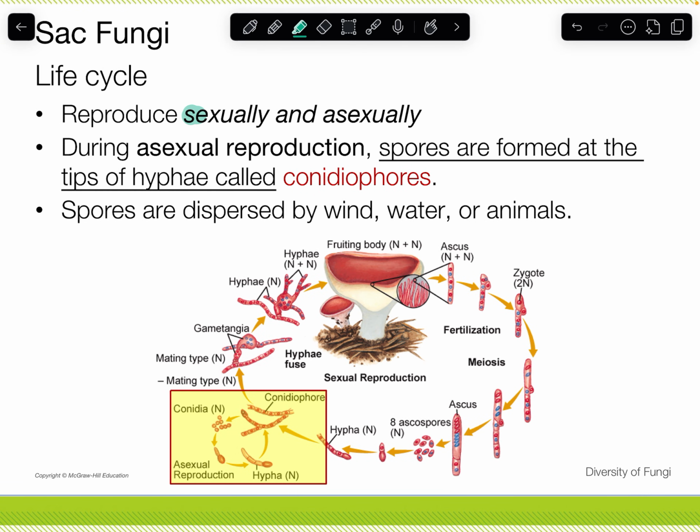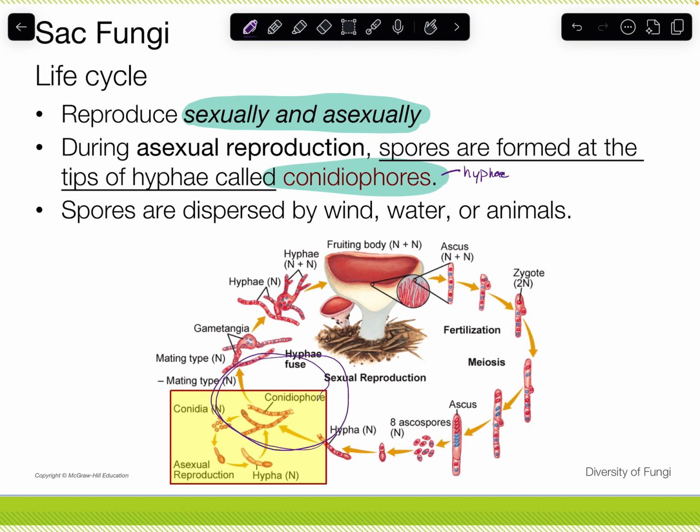During asexual reproduction, we're going to have spores that are formed at the tips of hyphae, and those hyphae are called conidiophores. So we have specialized hyphae called conidiophores.